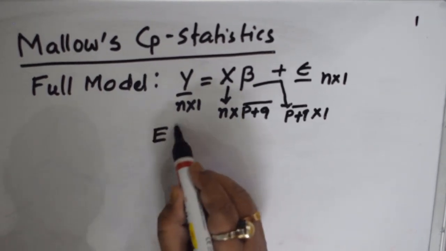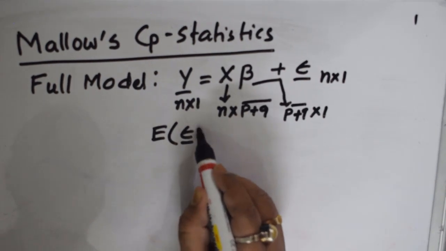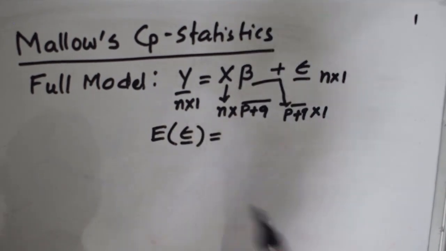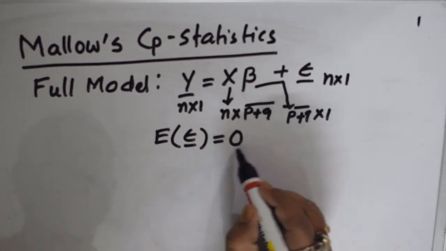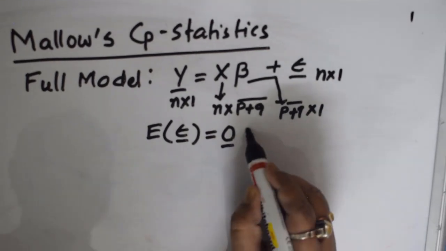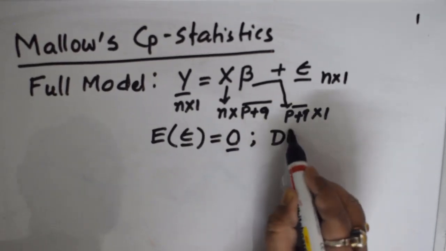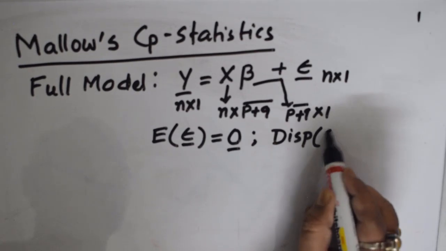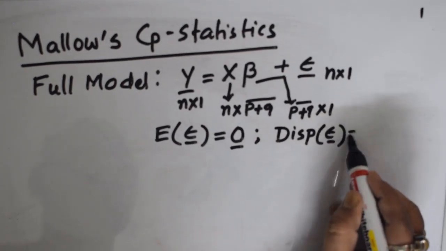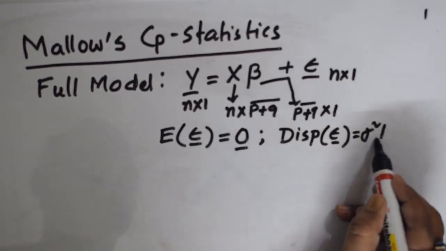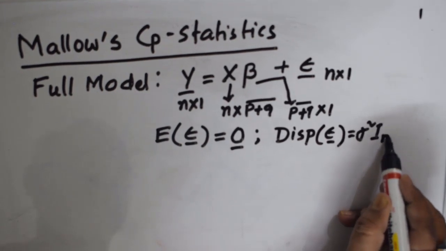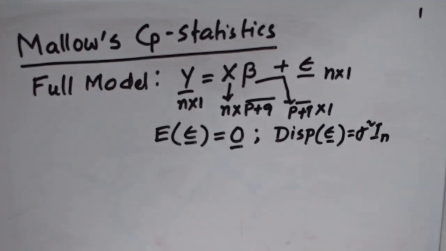Here, expectation of epsilon is null vector and dispersion of epsilon is sigma square In, where In is an identity matrix.